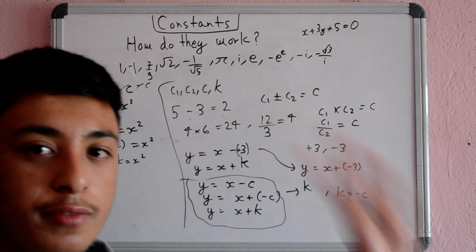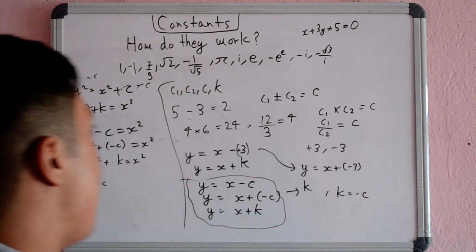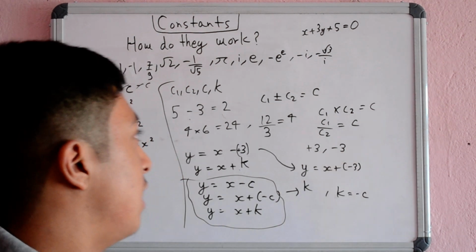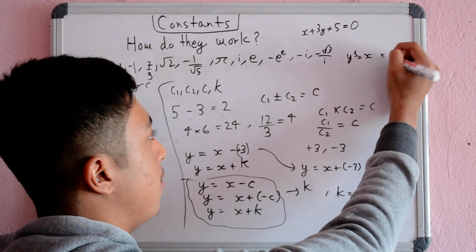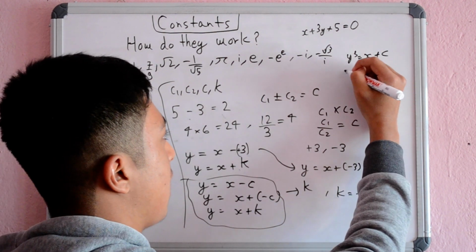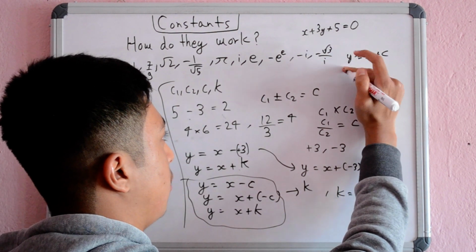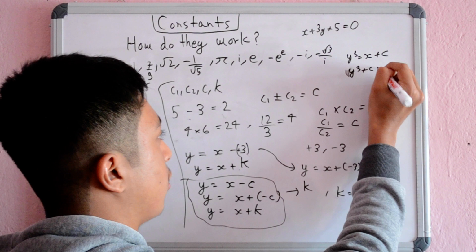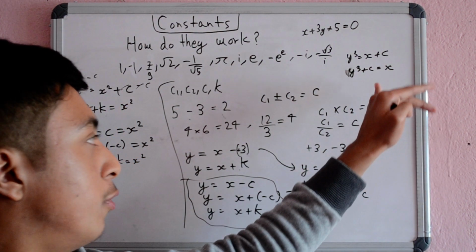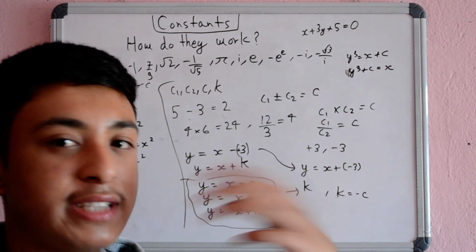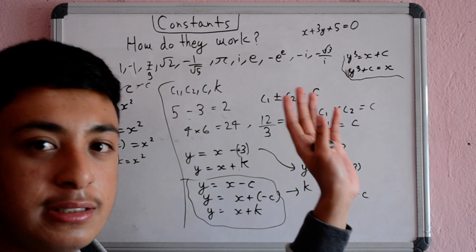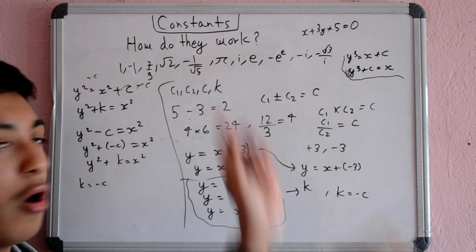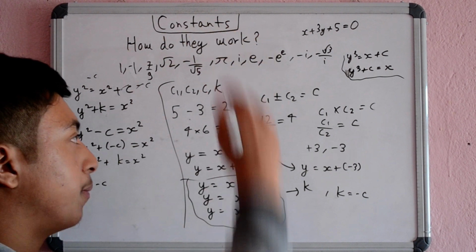I'll be solving all of the questions from the exercises, and in some of the procedures I might do certain steps such as y cube equals x plus c, and I'll write it as y cube plus c equals x. So hopefully during that video I won't have to waste time explaining how this step happened, and that is why I'm making a separate video on constants and how they work.